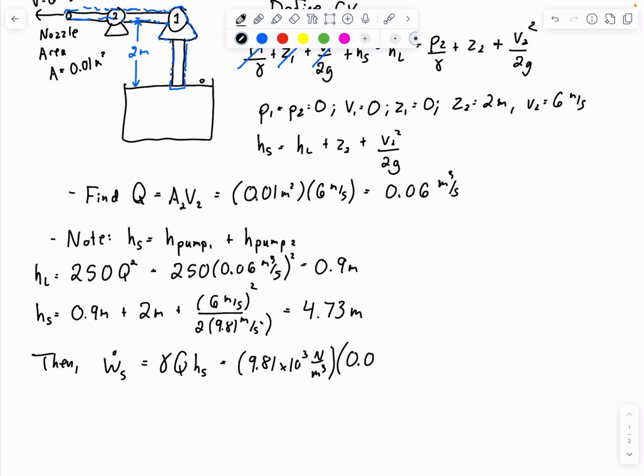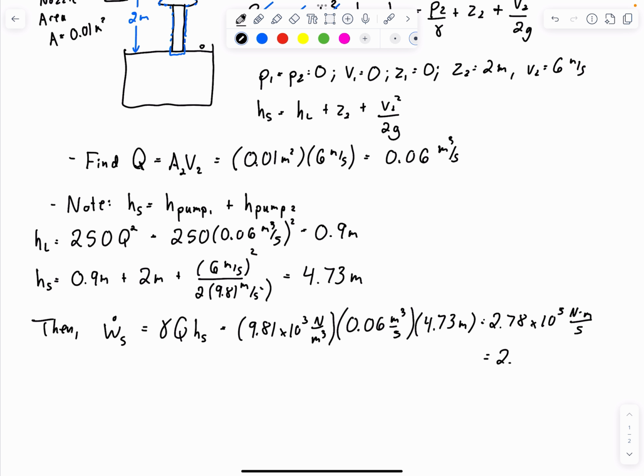We know that our flow rate is 0.06 cubic meters per second, and our shaft work head here is 4.73 meters. And so when we plug that in, we find a value of 2.78 times 10 to the 3 newton meters per second, which is, of course, 2.78 kilowatts. So that's the total power required from both pump 1 and pump 2.